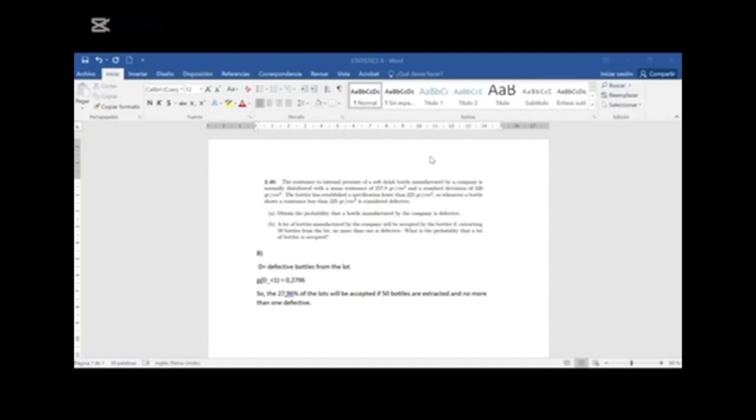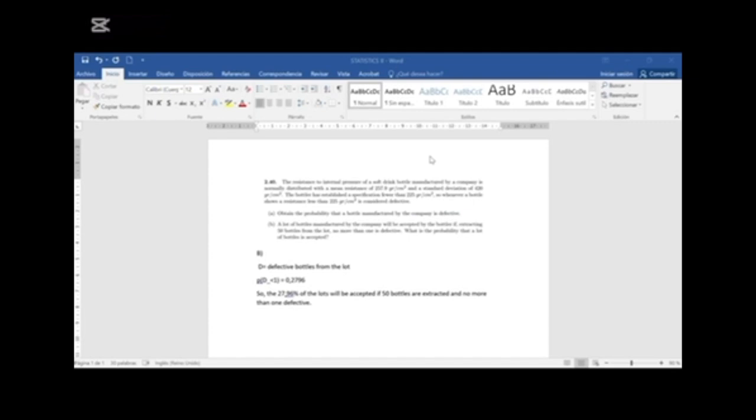In part B, we want to obtain the probability that a lot of bottles is accepted, taking into account that 50 bottles from the lot are extracted, and the lot will be accepted if no more than one is defective.